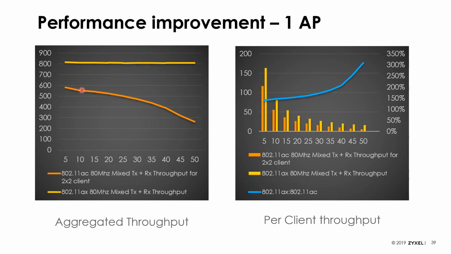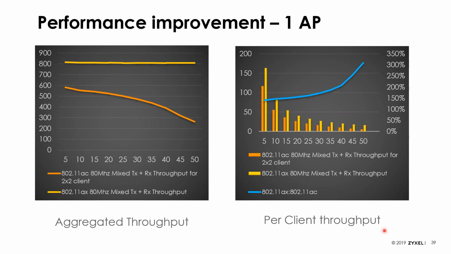And AC, due to the fact that the amount of management frames and random backoff times, etc., grow and grow, the overall performance of the AP degrades while more clients are connected to that AP.